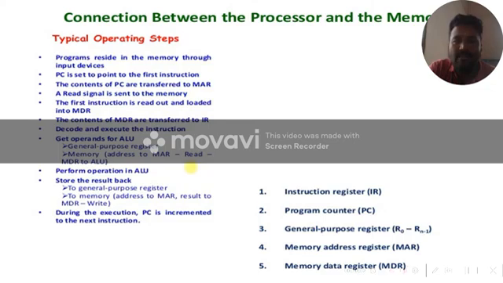Afterwards, we are going to decode and execute that particular instruction. For that purpose, we have an additional type of register called general purpose registers. We name them R0, R1, R2 and so on.